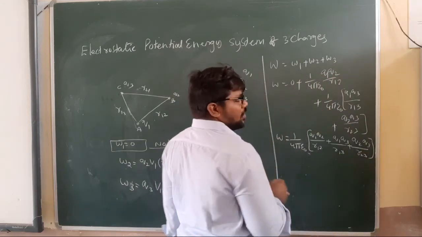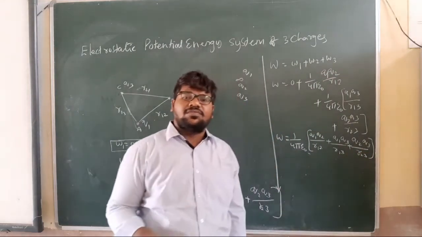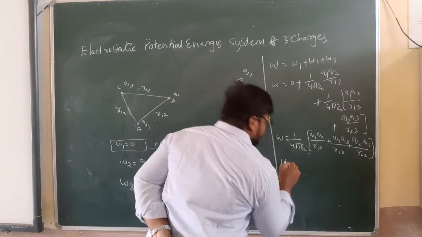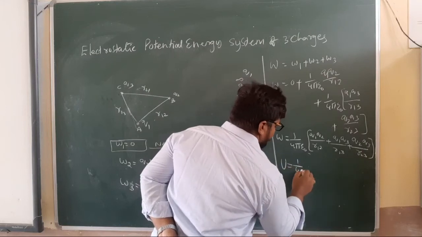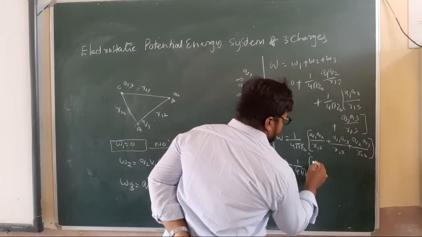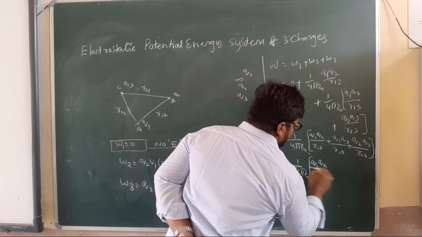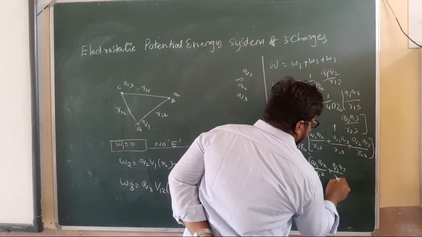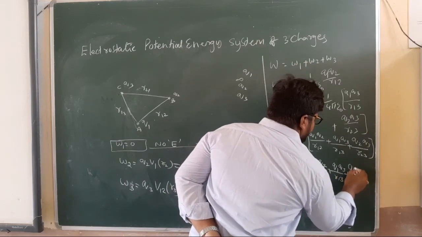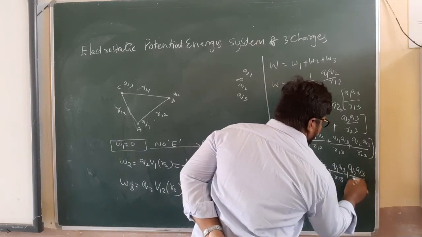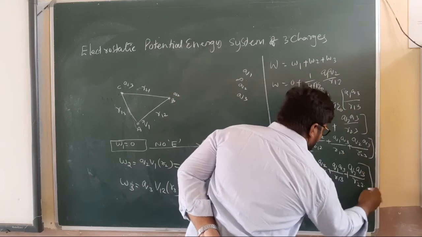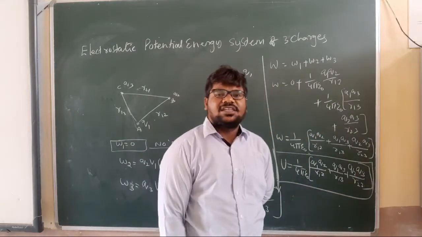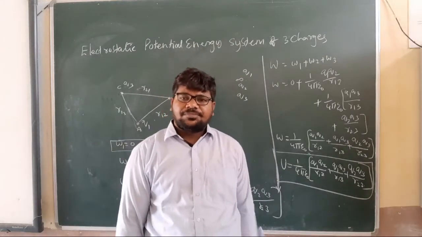So this is the total work done, and this work done is in the form of potential energy. U is equal to 1 by 4 pi epsilon naught Q1 Q2 divided by R12 plus Q1 Q3 divided by R13 plus Q2 Q3 divided by R23. It's clear. This is the final expression. Clear, my children? This is the final expression.